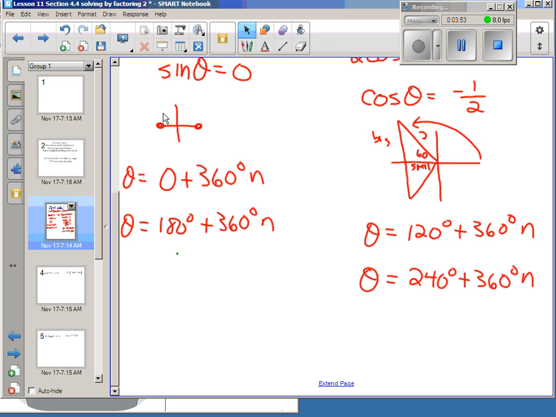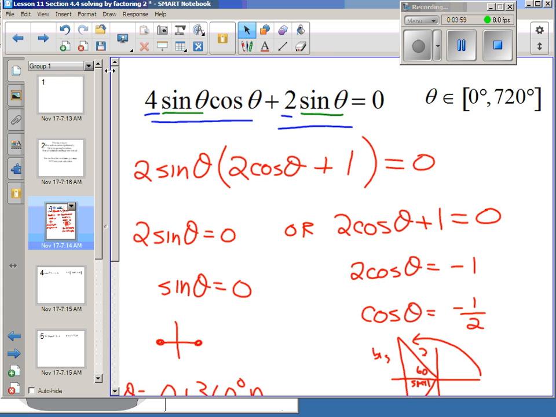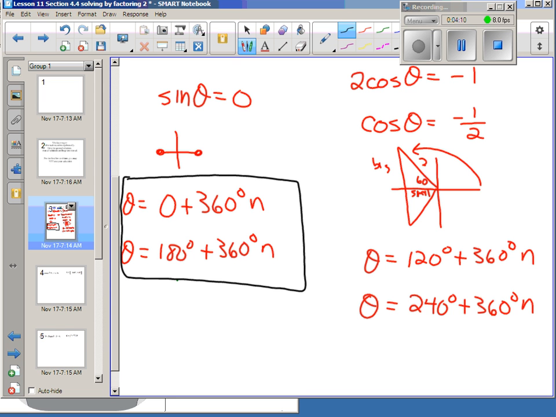And there are times when using negative 120 would be good, in particular if I'm looking for negative solutions. However, I want solutions from 0 to 720. So these right here are the general solution. This and this represent every possible angle for theta that will make my original statement true.